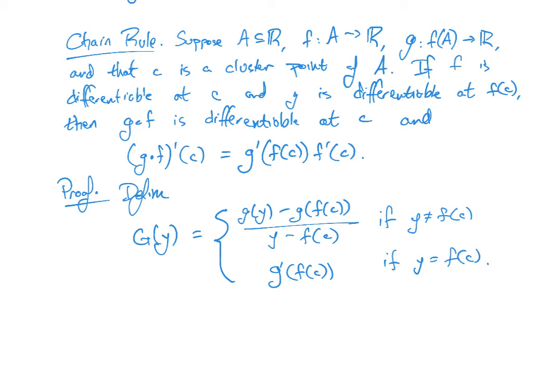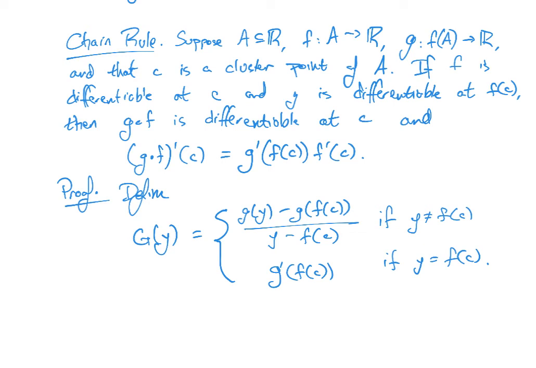What is this weird thing? Well, at any point other than f of c, this is giving us the slope of the, if I remember correctly, it's called the secant line.